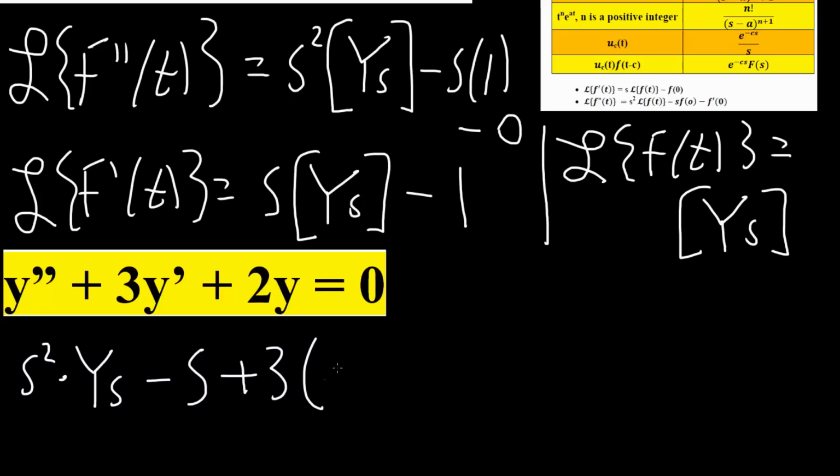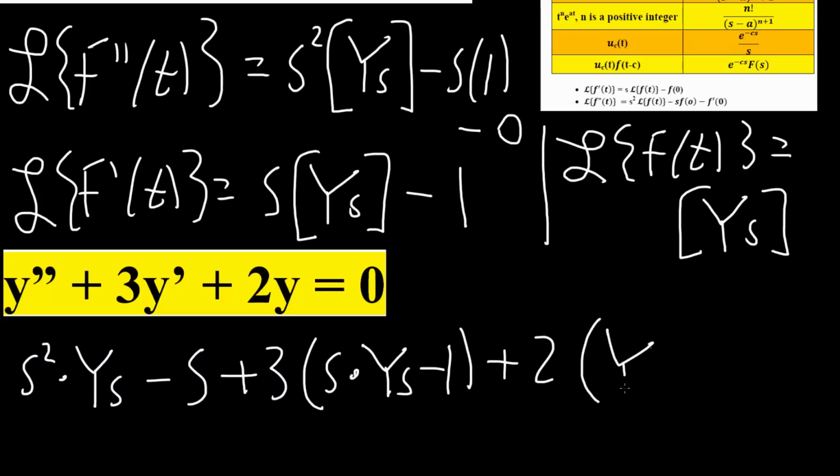So we would get s times Y(s) minus 1. Next we have plus 2y, so plus 2 parentheses, we said that y would be Y(s). So Y(s), and this is equal to 0.